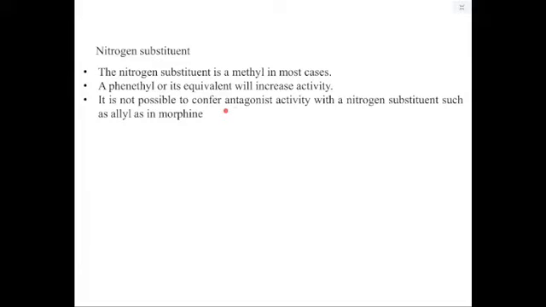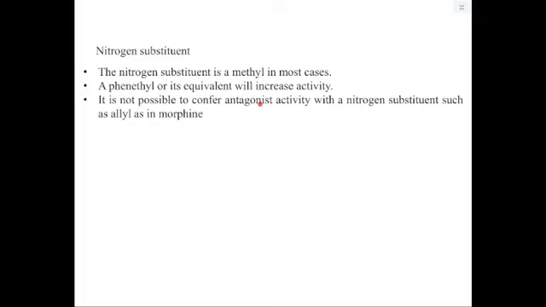It is not possible to confer antagonist activity with a nitrogen substituent such as allyl, as in morphine. So in this particular group, you do not have any antagonistic activity by putting allyl groups or whatever. But an increase in the group, like we have seen in fentanyl, fentanyl has also an ethyl benzene ring or a phenethyl group without the amine. The anileridine has also an ethyl phenylamine group.